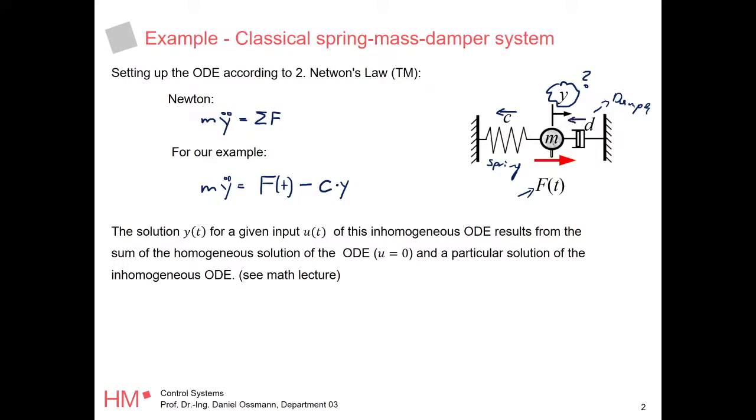If we move this mass to the right, the damping force will act to the left. So it's also going to be a minus, and you for sure know that this depends on the damping coefficient, but also on the velocity. If we don't have any velocity, this term is 0.